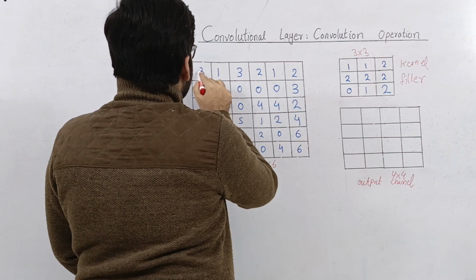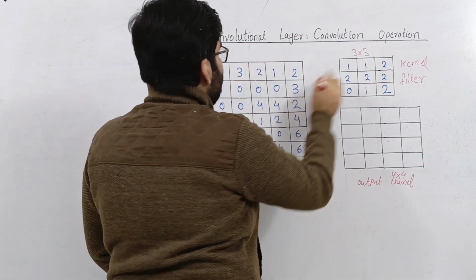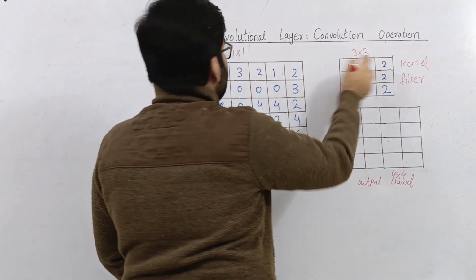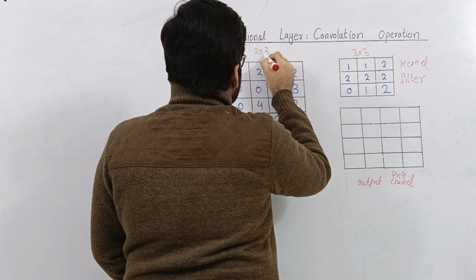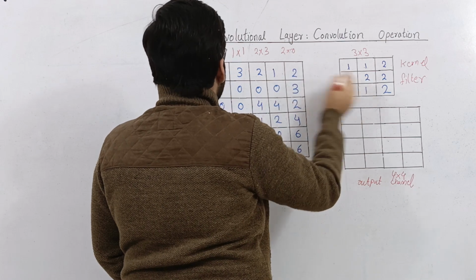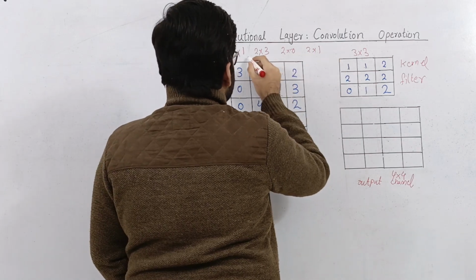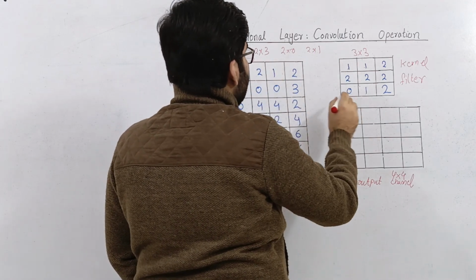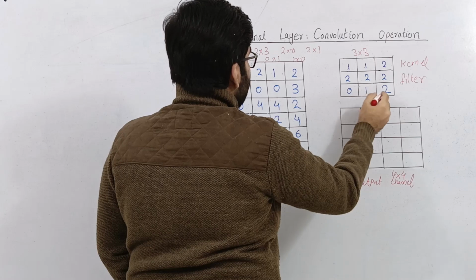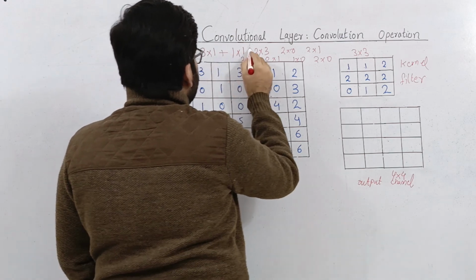How we do that is we multiply 3 by 1, then 1 by 1, then 2 by 3, then 2 by 0, then 2 by 1, then 2 by 0, then 0 by 1, then 1 by 0, and finally 2 by 0, and then we add up all these values.